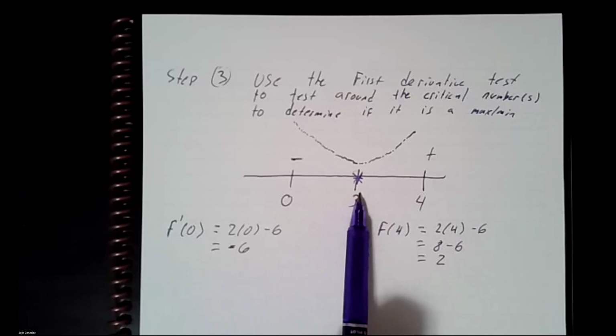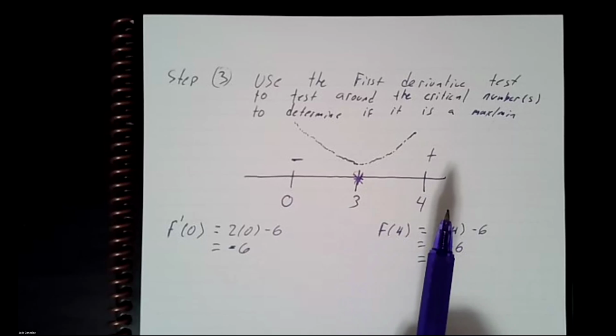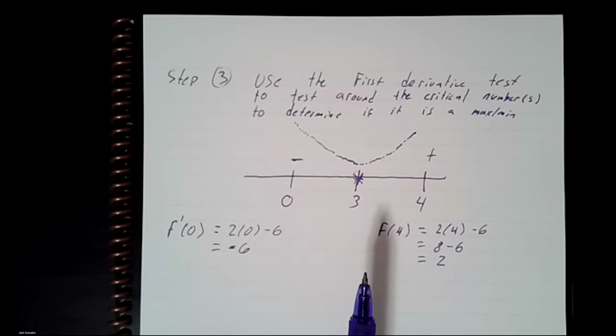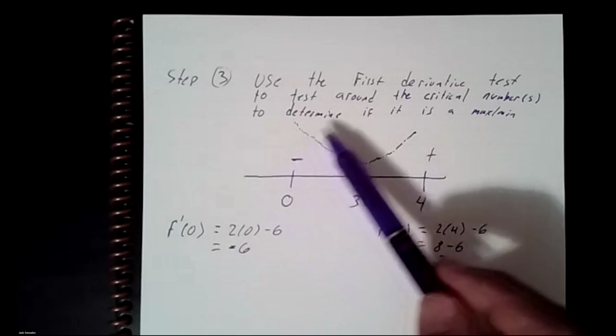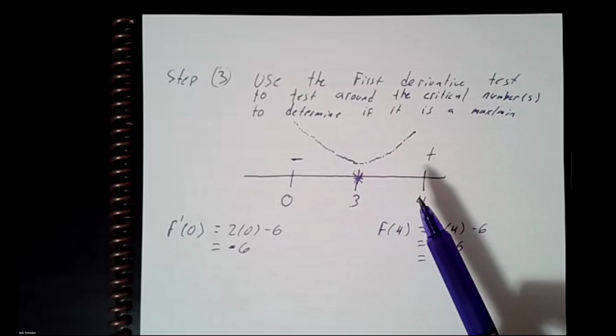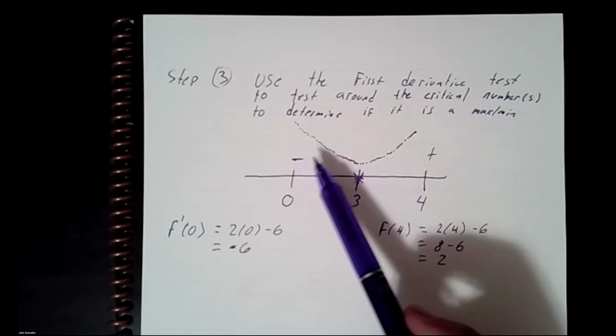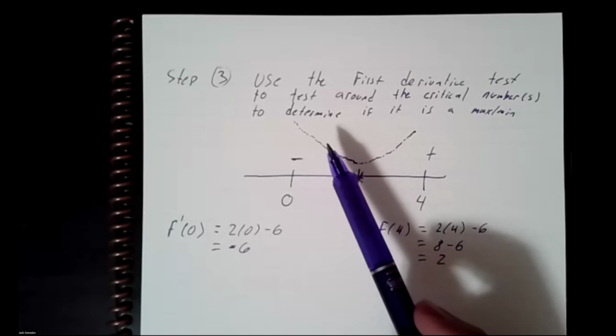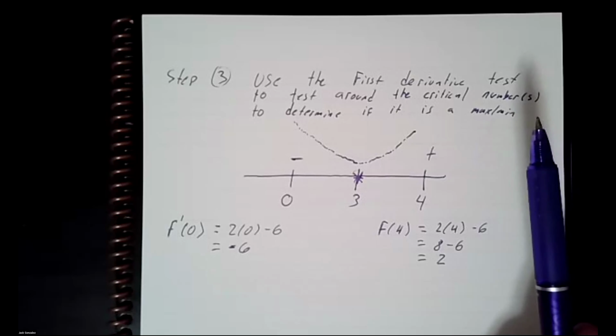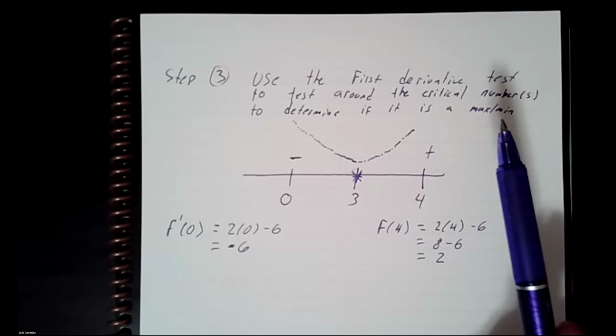So find a critical number, test before and after, and then you know what it is. So if it's plus minus, then it's going up and then down, which would be maximum. If it doesn't change, if they're both minus or both pluses, then it's not a min or a max. And that happens.